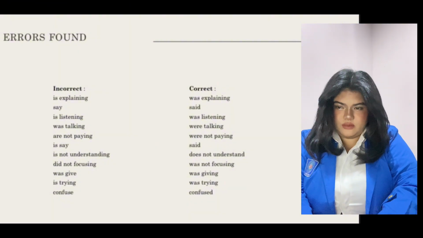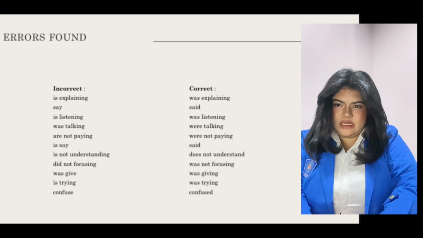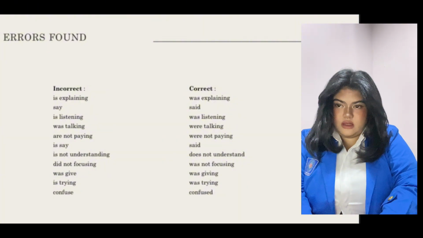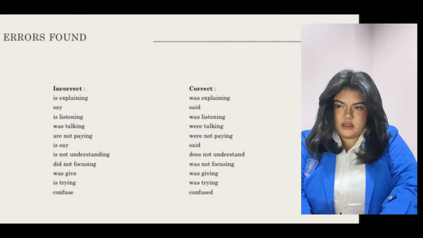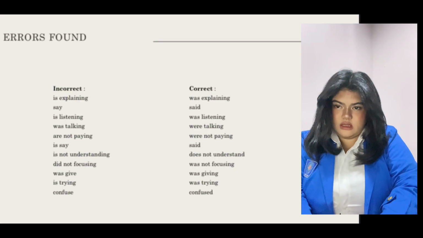The incorrect word in number 1 is "is explaining"; the correct one is "was explaining", because it is from the past. Number 2, the incorrect one is "say", the correct one is "said". Number 3, the incorrect one is "listening", the correct one is "was listening".